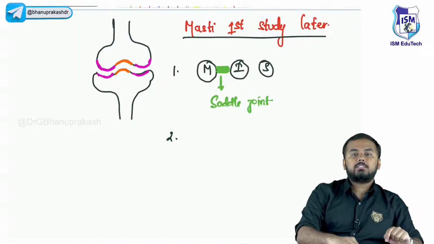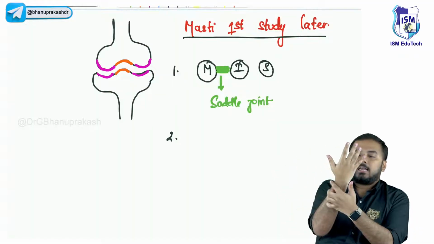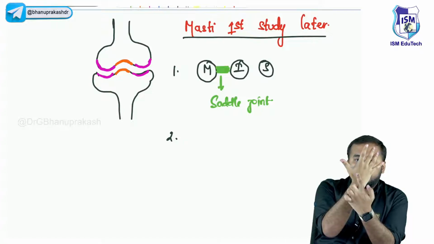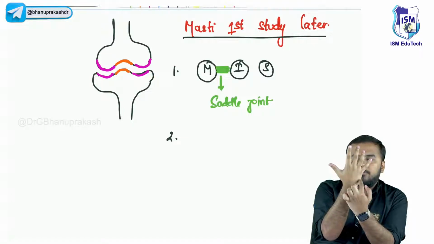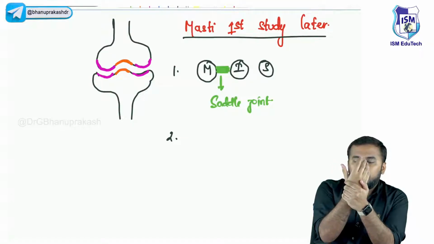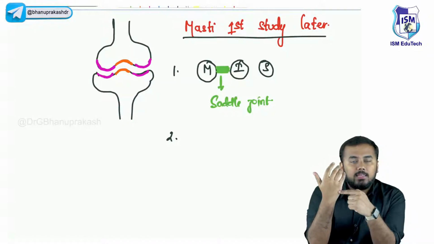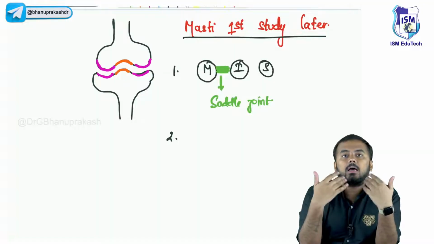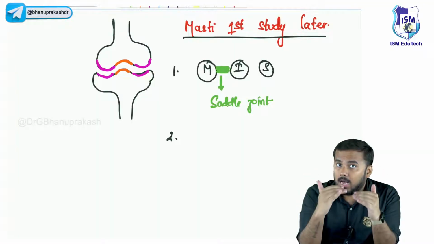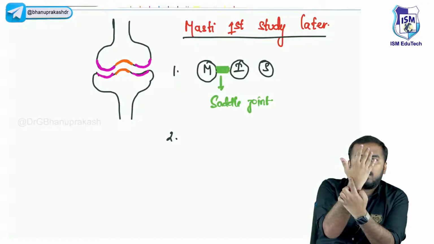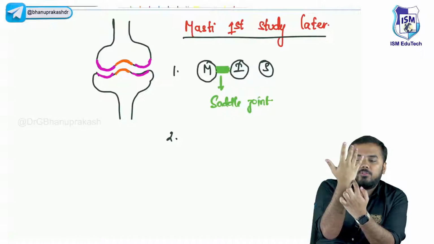Second important thing is, see, these are carpals. What are the metacarpals? First metacarpal, second, third, fourth, and fifth. Between the carpal and metacarpal, the joints are called carpo-metacarpal joints. So this is the first carpo-metacarpal joint, second, third, fourth, and fifth.